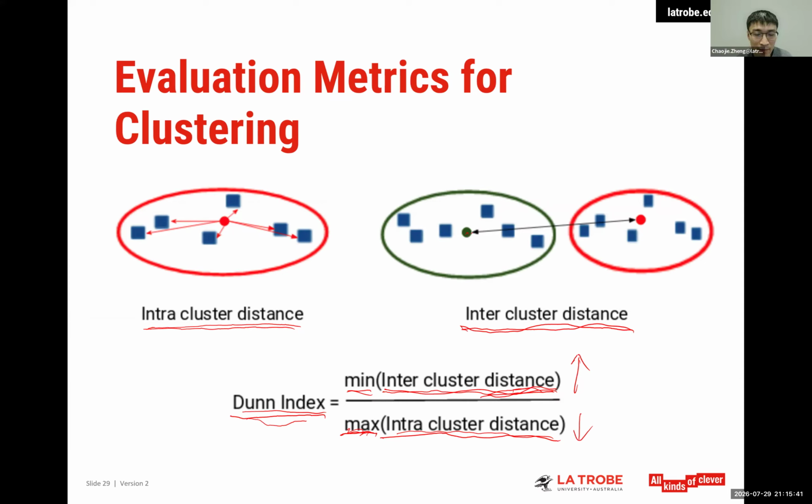So the distance can be Euclidean distance, L1 norm, the Manhattan distance, or the cosine distance for comparing the angle. It depends on your interest or the application field. Clear? Thank you. But most often we are comparing the Euclidean distance, the L2 norm. Okay, got it.